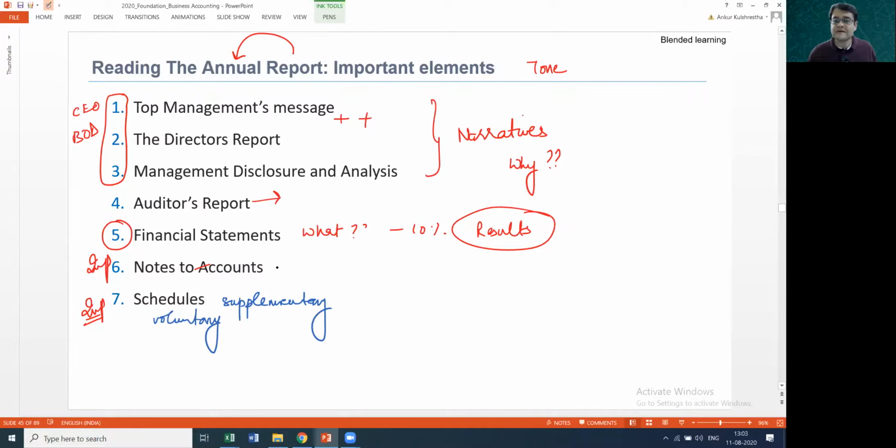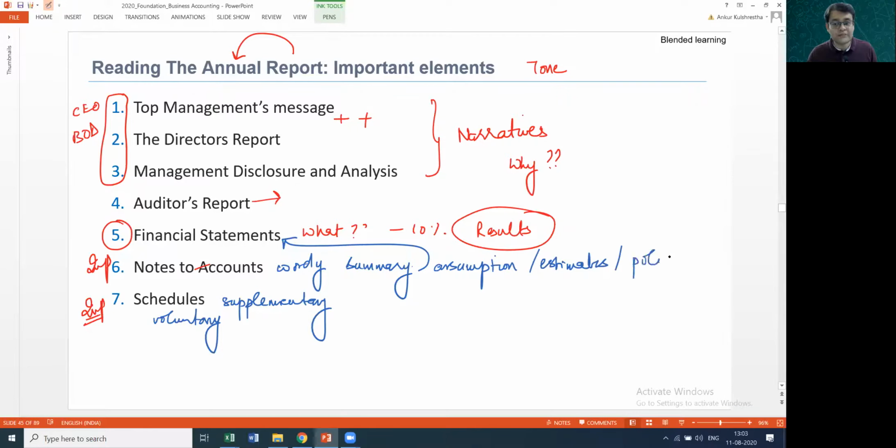Notes to accounts is basically a wordy summary related to the financial statement, not about the narrative in terms of why the profit went up and down. It's basically to tell the reader about the assumptions, estimates, and the choice of accounting policy taken by the accountant in order to give out these financial statements.